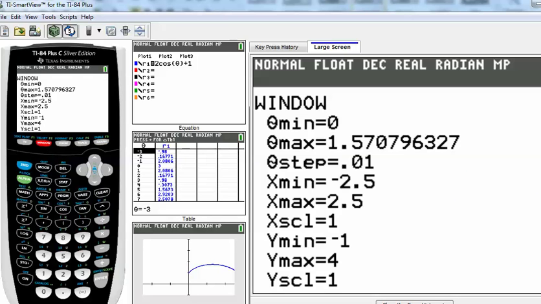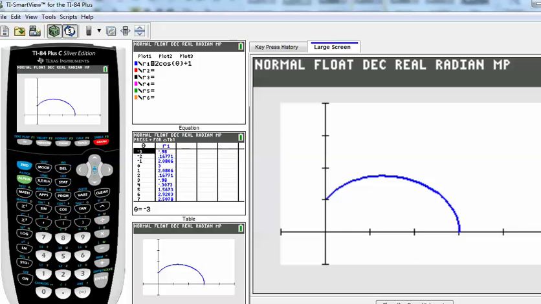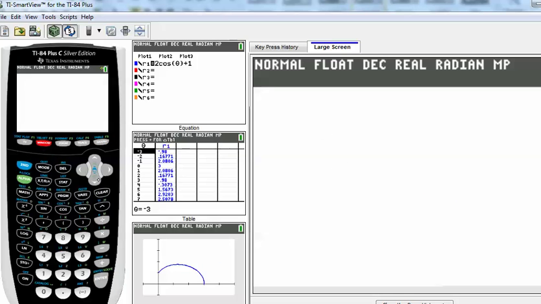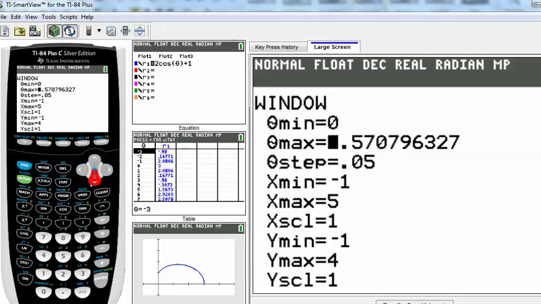Window. I keep doing my letters wrong. -1, enter. 5, enter. I was thinking of the other way around. And we'll make this 0.05, so hopefully it goes a little faster. Good. And let's start at pi over 2.